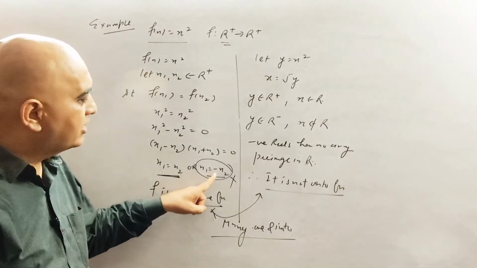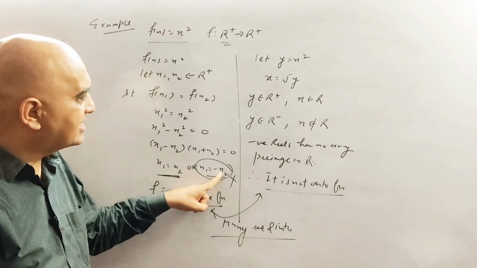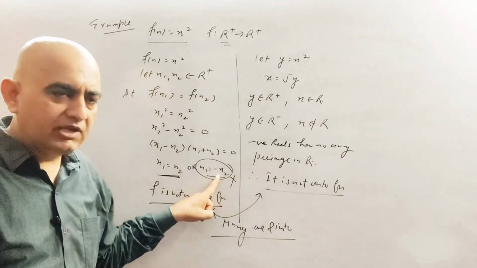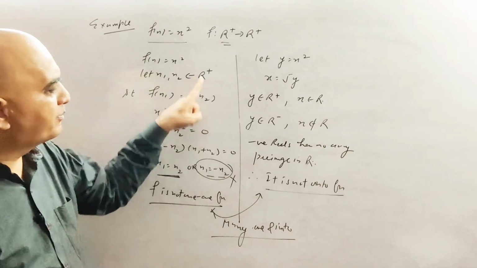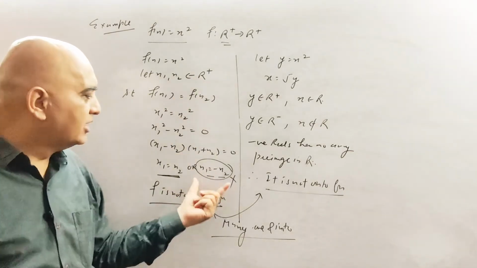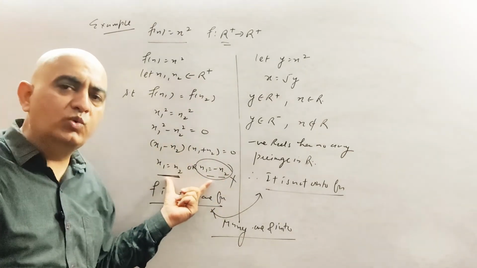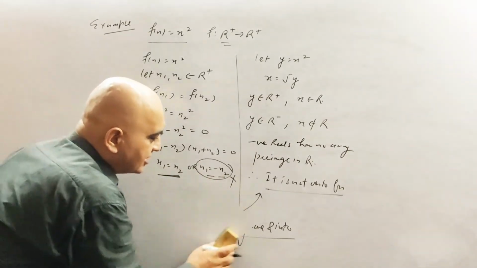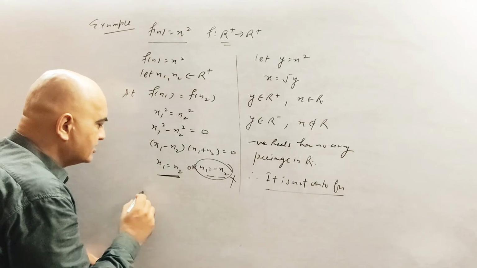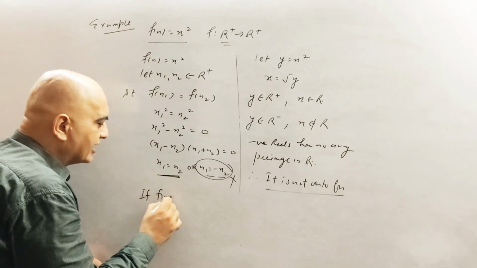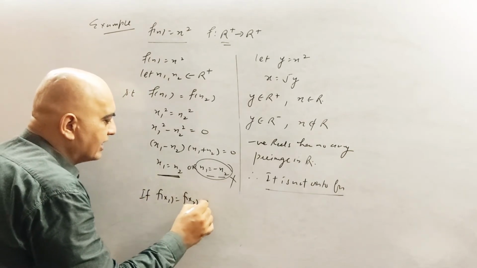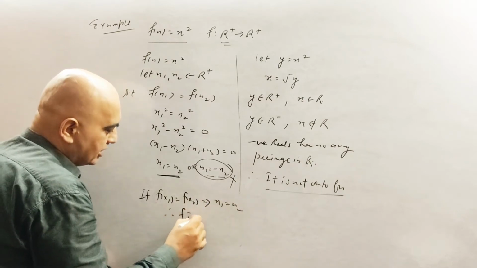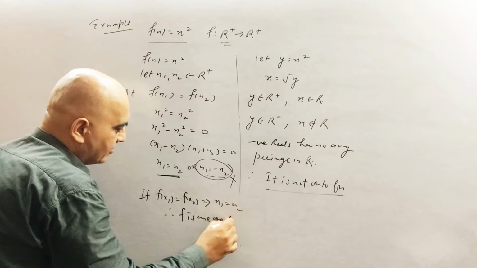Because x1 is equal to minus x2 implies that if x2 is a positive real then minus x2 is a negative real, and minus x2 definitely cannot be a positive real. So we have two options, but you have to neglect the second one, so we get this result, that is, if f of x1 is equal to f of x2, it implies that x1 is equal to x2, therefore f is a 1-1 function.